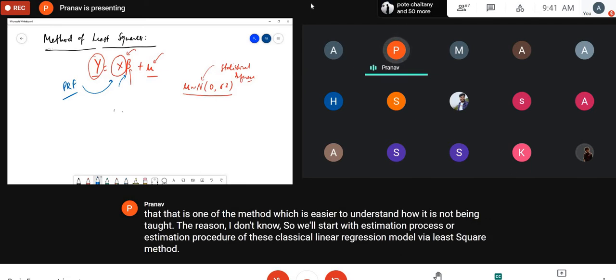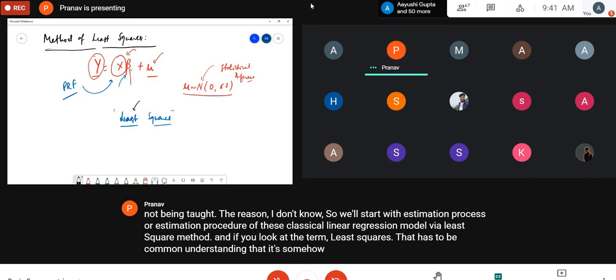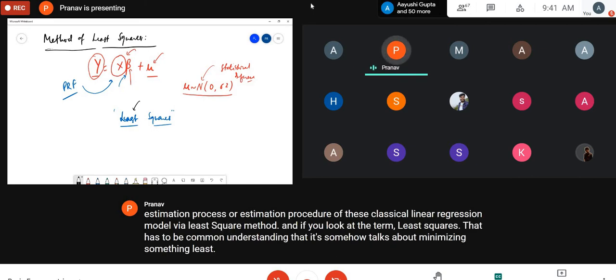And if you look at the term least squares, there has to be a common understanding that it somehow talks about minimizing something, the least, the minimum of all the available calculations.